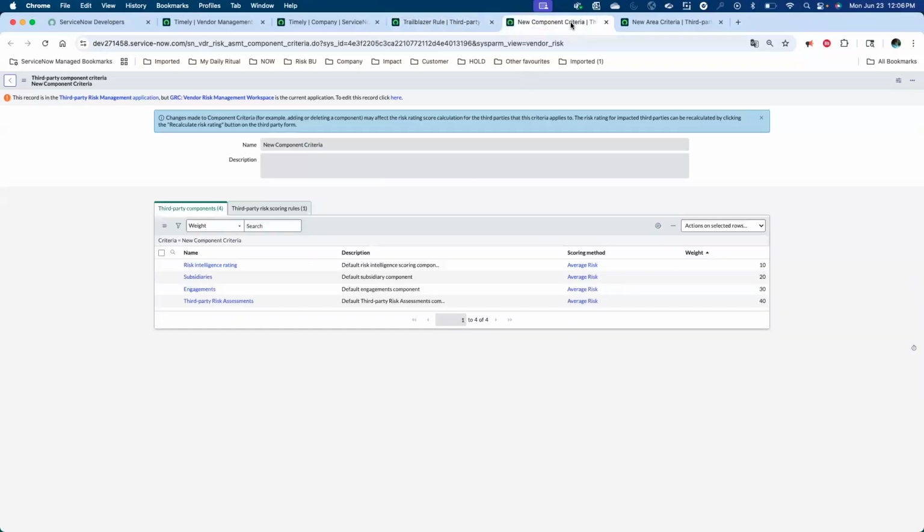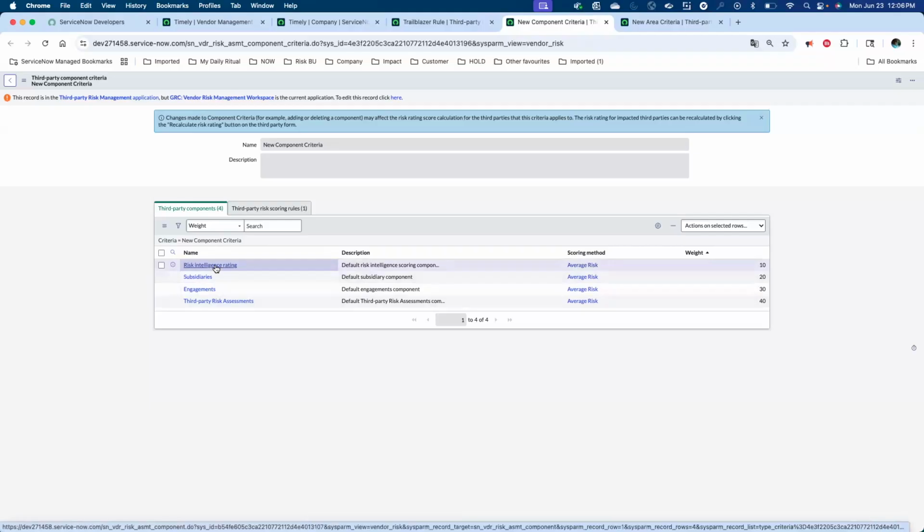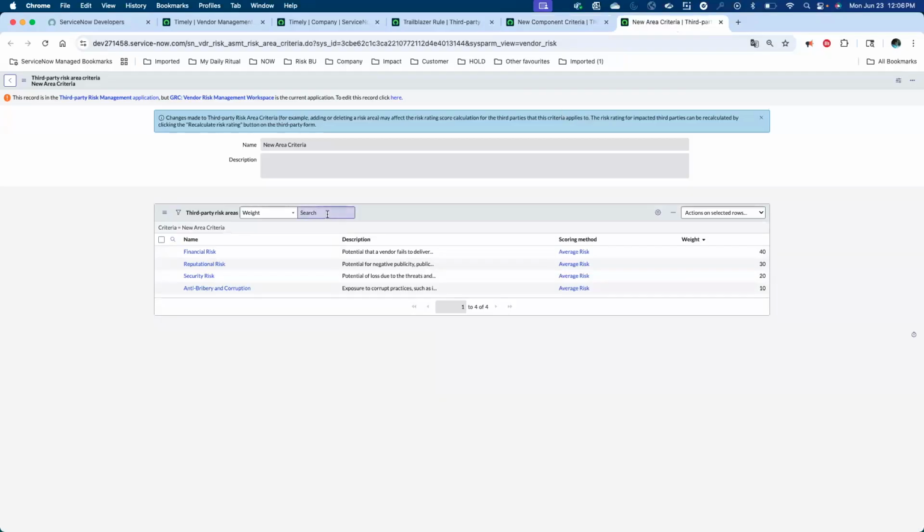Looking at the component criteria, we have these different components, and all of the components have been factored in, and they have different weightages: third-party risk assessments, engagements, subsidiaries, and risk rating. These are the components that are applied to Timely, and these are the risk area criteria: financial, reputational, security, and anti-bribery, and they all have different weights.